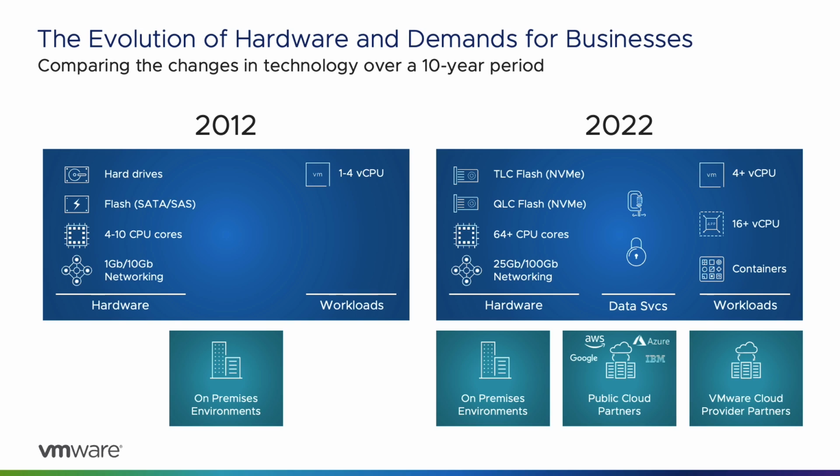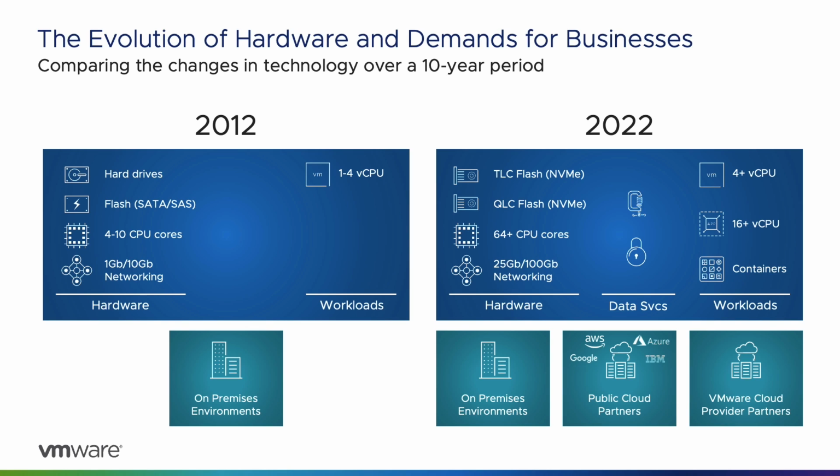The hardware of today looks very different. NAND flash devices have increased dramatically in capacity while dropping dramatically in price, especially with the introduction of QLC flash. These devices are often using a high-performance NVMe bus protocol to unlock the capabilities of the devices. Networking of today is often using 25 gigabit, 40 gigabit, or even 100 gigabit interconnects in a spine leaf technology and extending into new high-performance protocols such as RDMA over converged Ethernet.